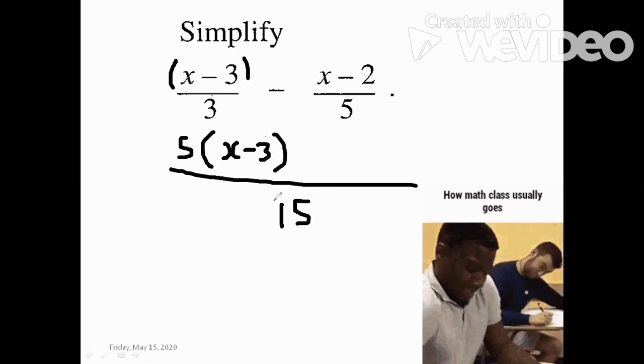What some people do, when 3 into 15 goes 5, they multiply 5 times everything there. But you have to be very careful, especially if you have a negative sign.